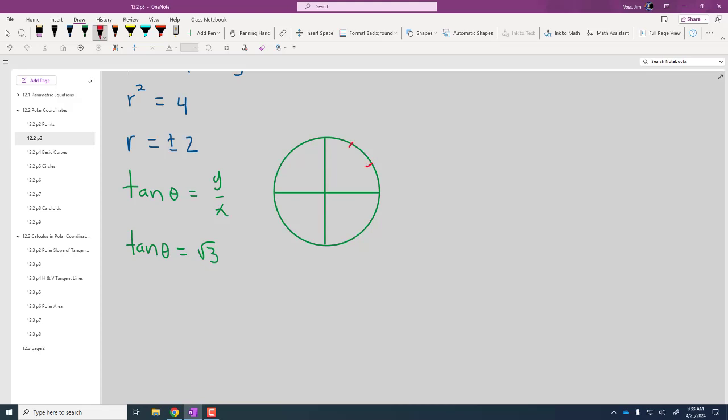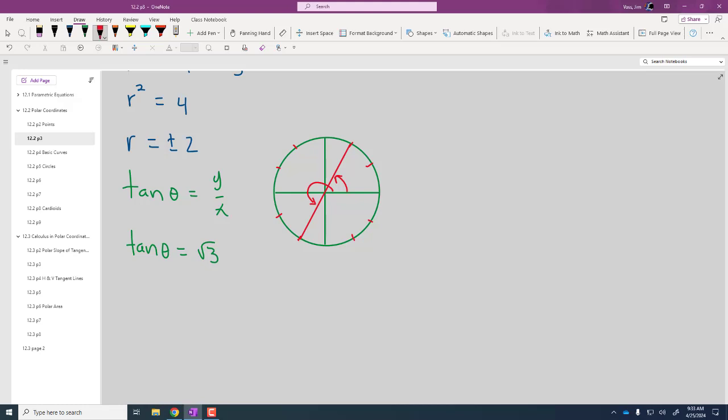This is the one where every sector is 30 degrees. And where is tangent equal to root 3? Pi over 3. So these two angles right in here, both of those will have a tangent value of root 3.